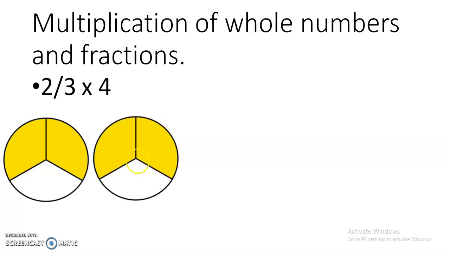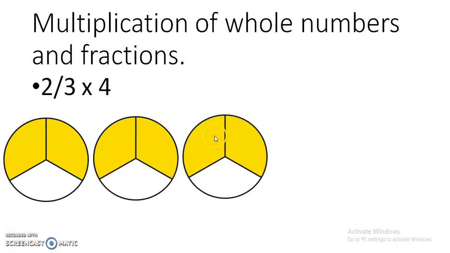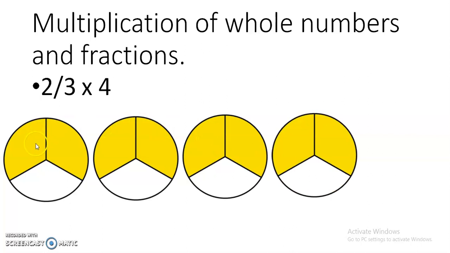So what we do is add the fraction 2 upon 3, 4 times. So 1, 2, 3 and 4 times. After adding, what do we see? This is the first part, second part, third part, fourth part, fifth part, sixth part, seventh and eighth part.